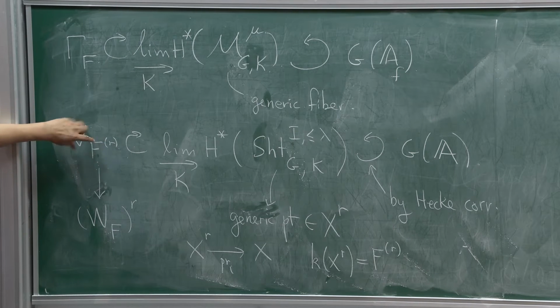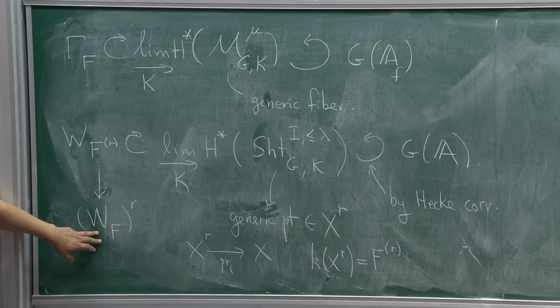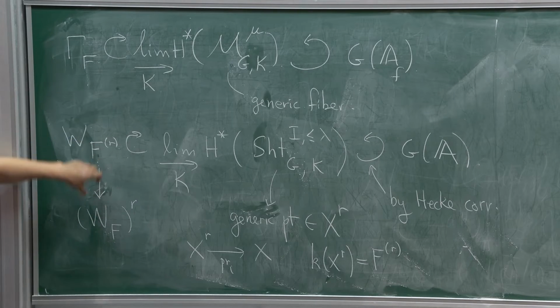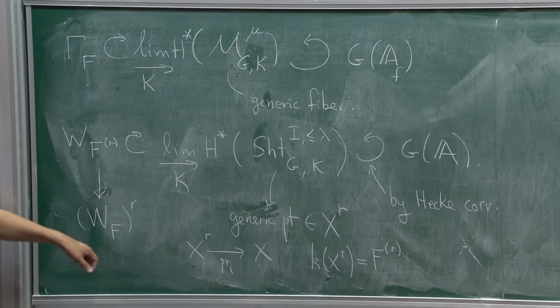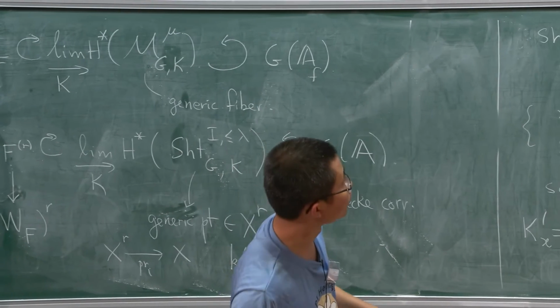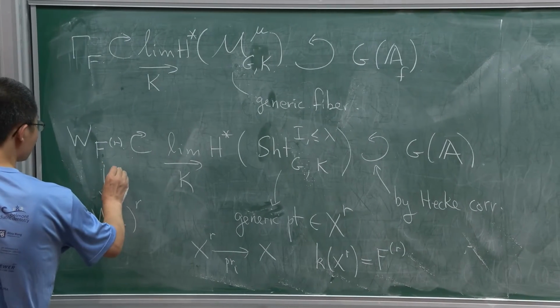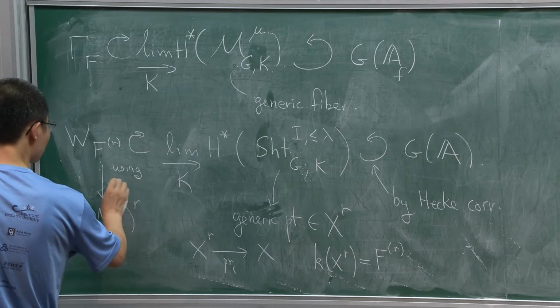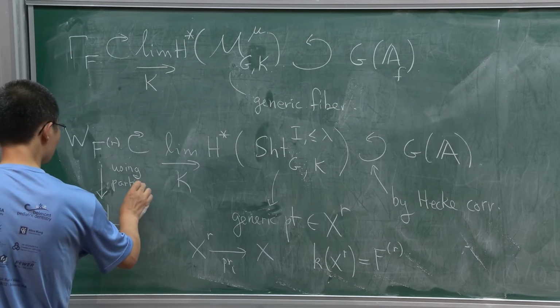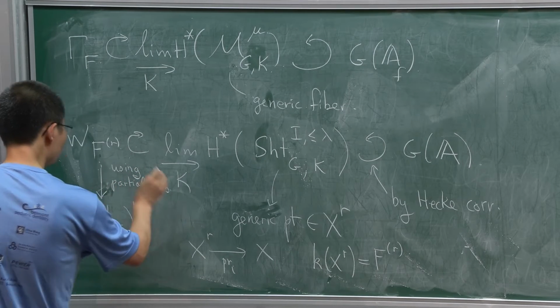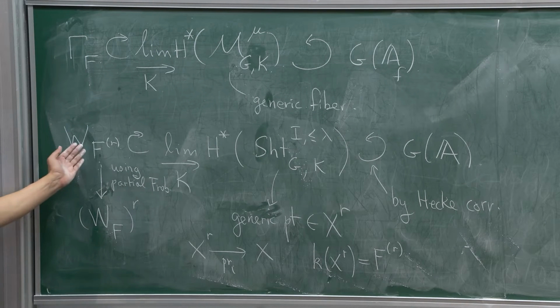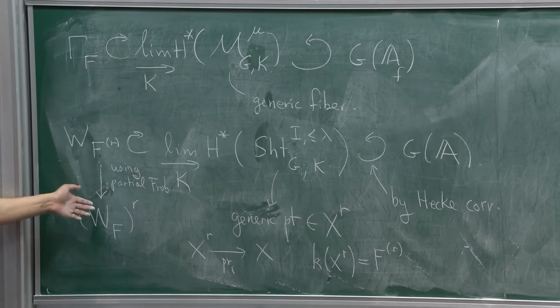And amazingly, this action factors through this rth power of the Weil group of F. And this kind of structure is precisely given by the partial Frobenius. So with the help of partial Frobenius, one is able to show that it factors through this.